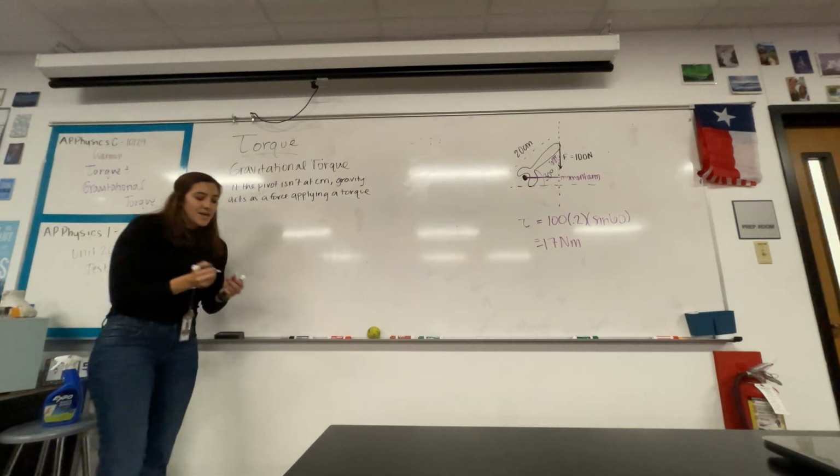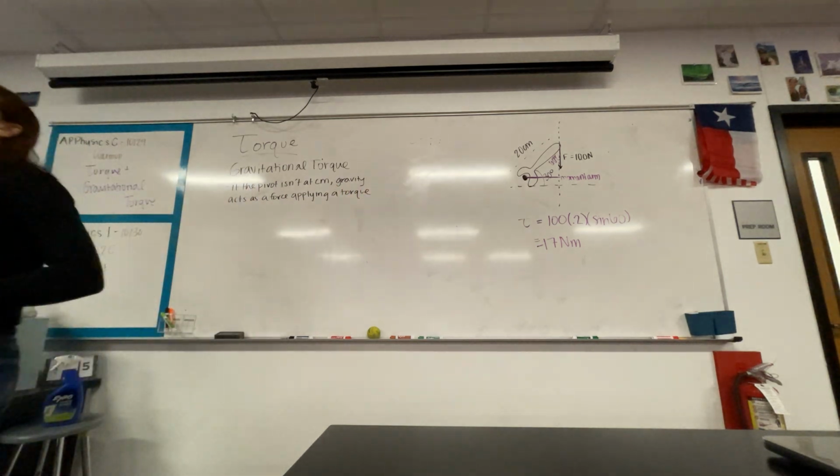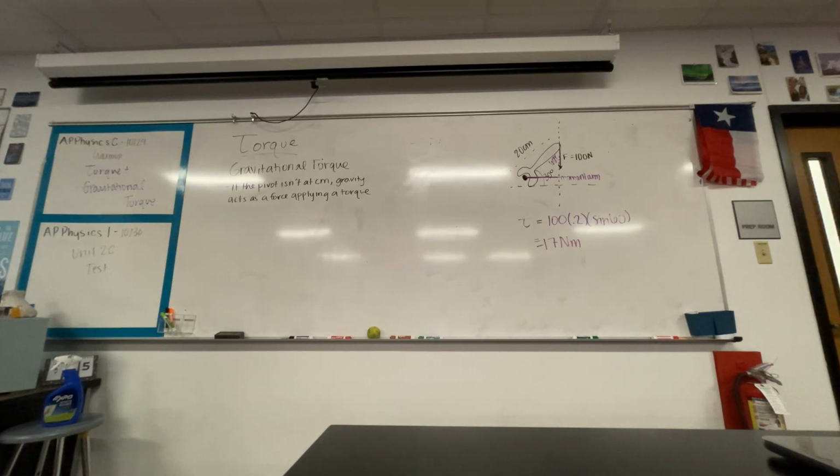So, anytime my pivot is not located at the center of mass, there's automatically on every object a force due to gravity. That's occurring on every single object. Whether it's being twisted, whether it's laying flat on the ground, there's always a force due to gravity acting on the object at its center of mass.